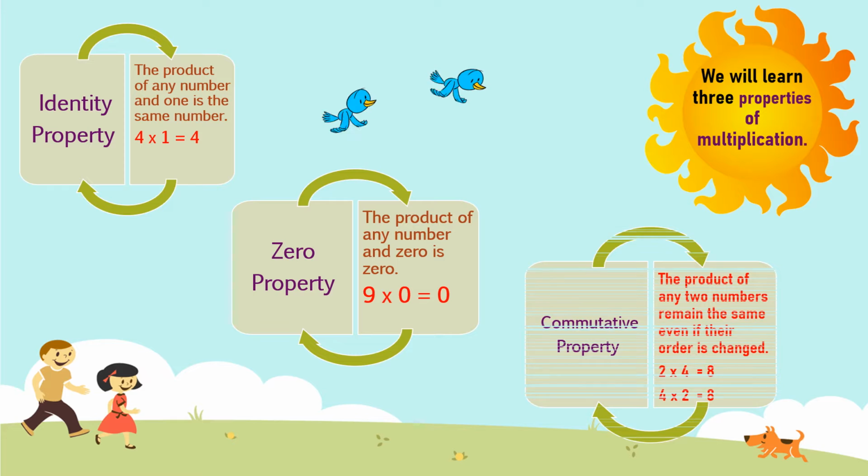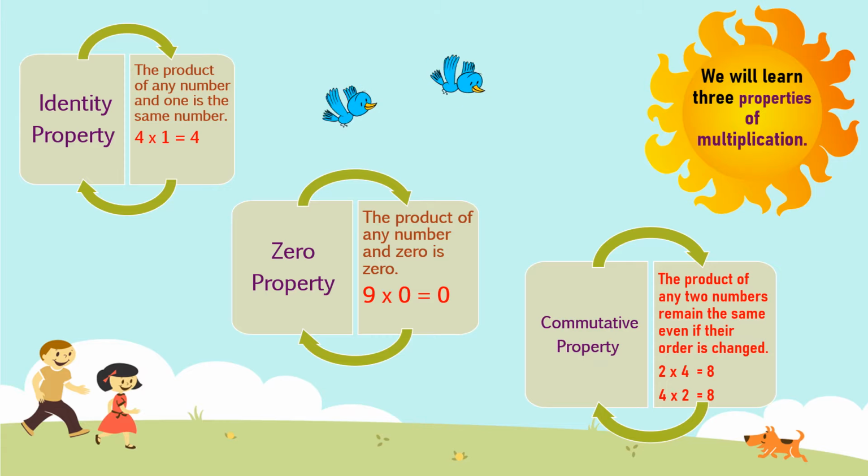In the third property, that is commutative property, we will see that the product of any two numbers remain the same even if their order is changed. That means if you interchange the numbers, your answer will remain the same.